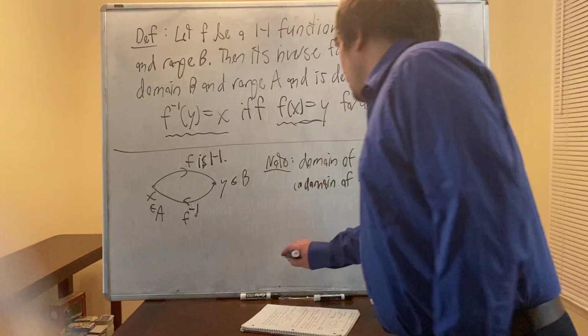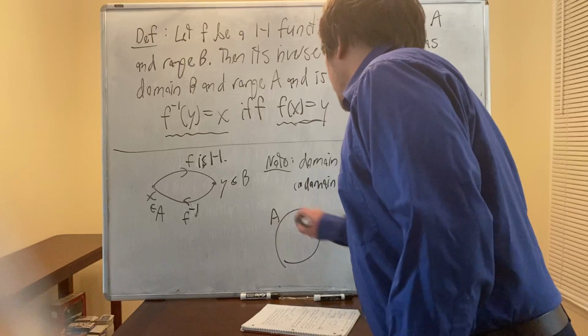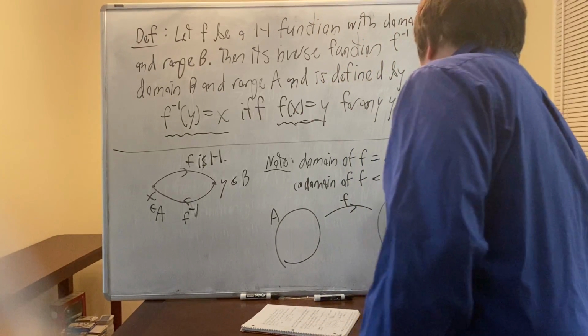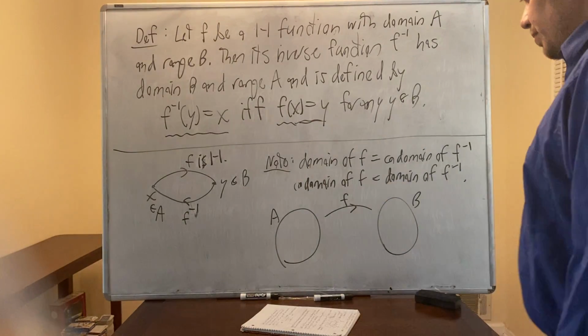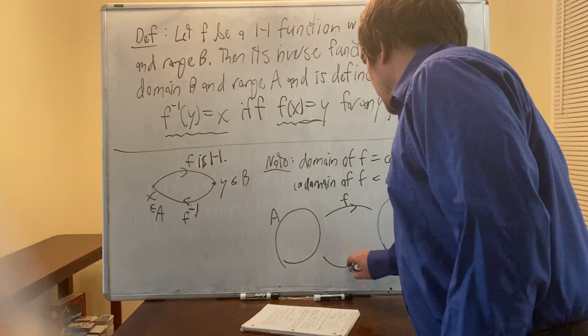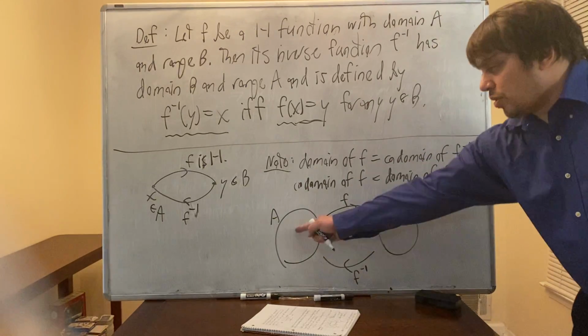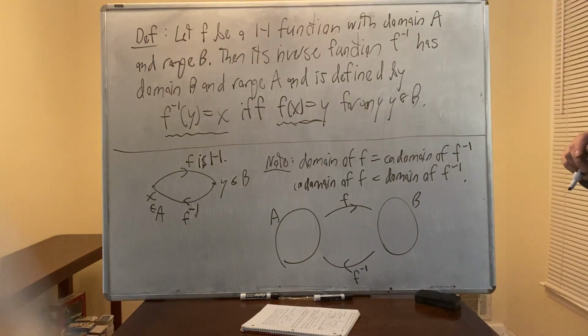So if a function f maps a set A to a set B, that's 1 to 1, f inverse is a function that will map the codomain of f to the domain A.